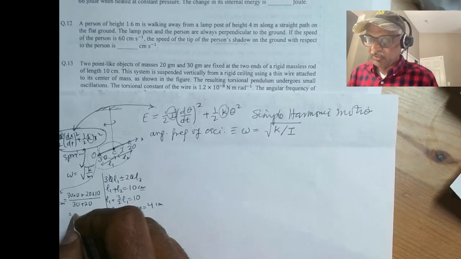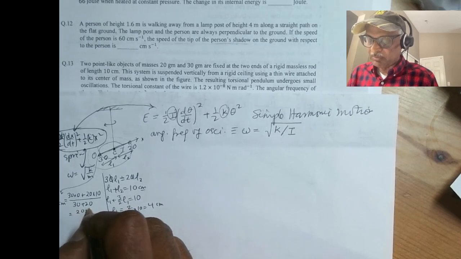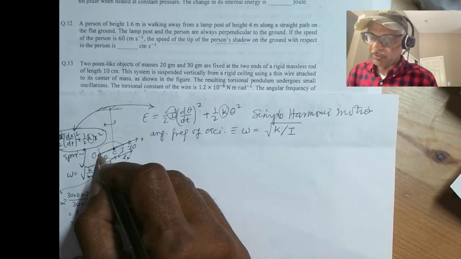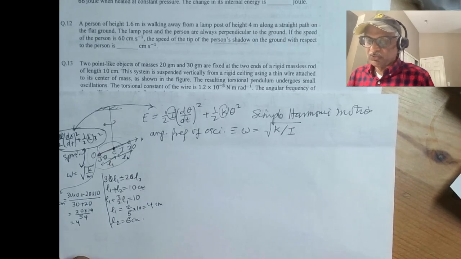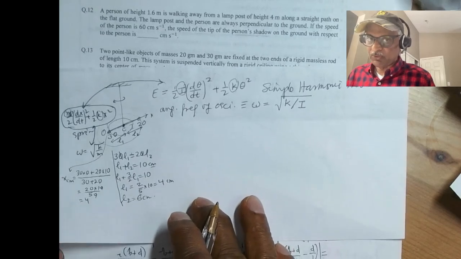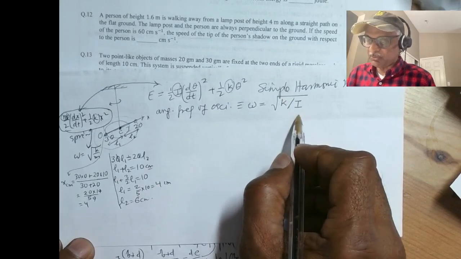So this gives you 20 times 10 over 50, and that's 4. So it's located at 4. That's another way to get it. Once we have this, we should be able to find the moment of inertia. That's what will go into this formula.